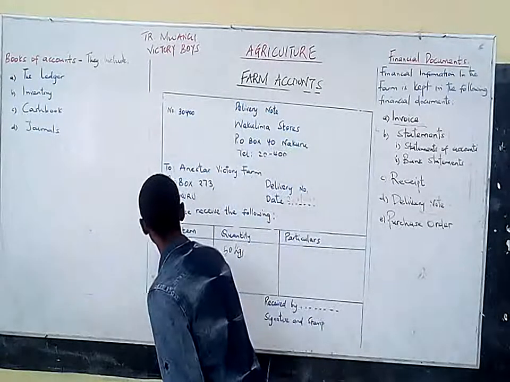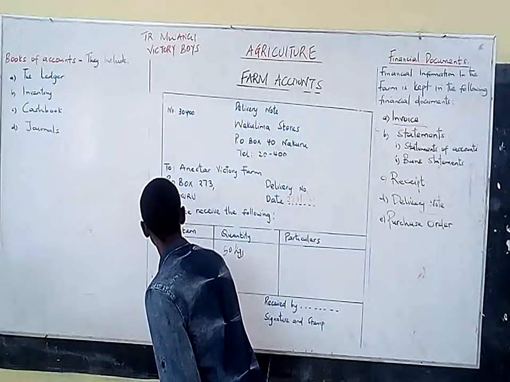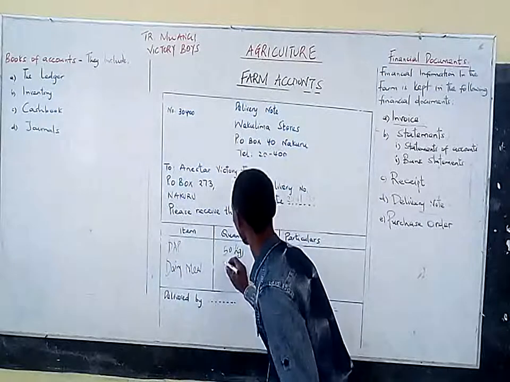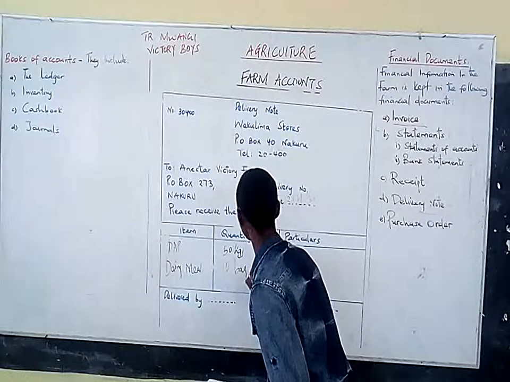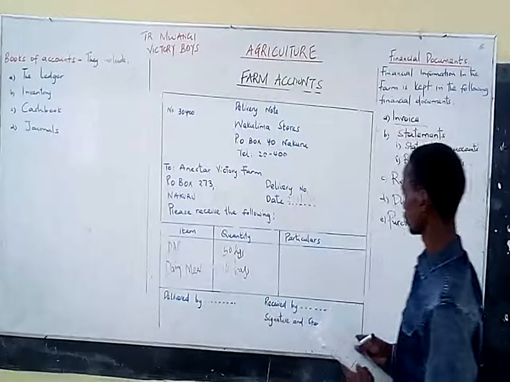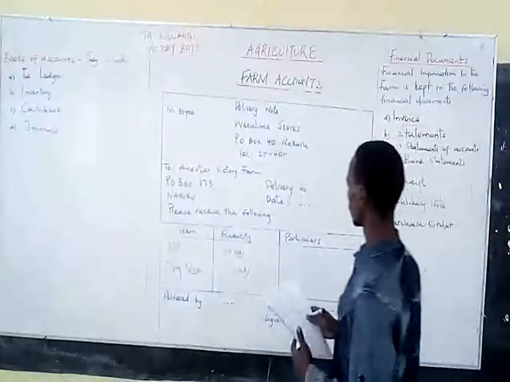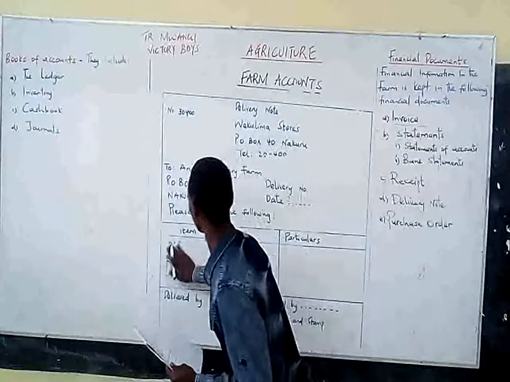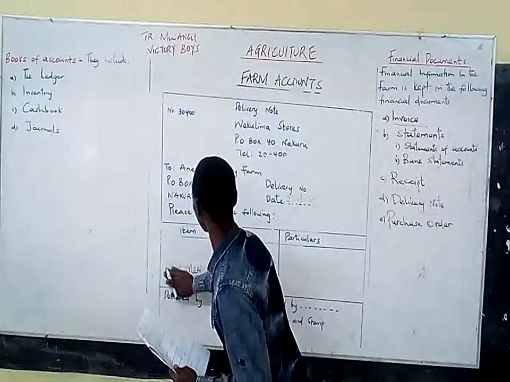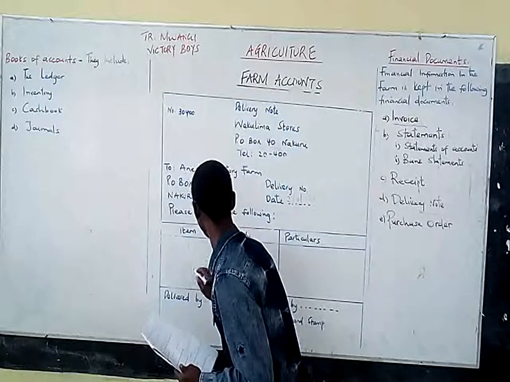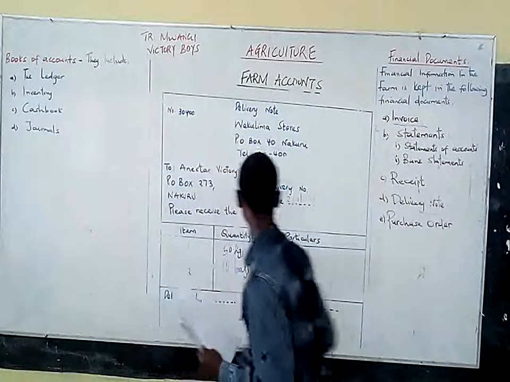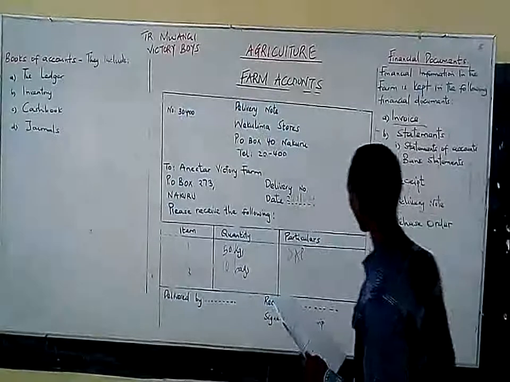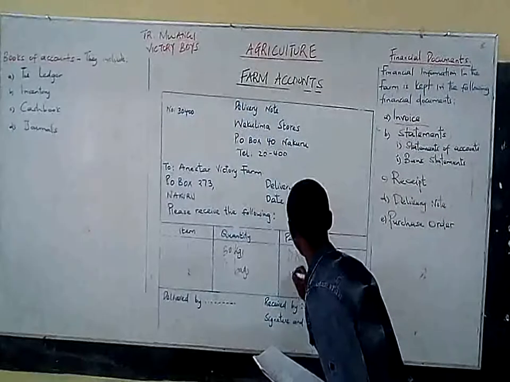Then we have dairy meal, we can have 10 bags. So this is item number 1, then we have item 2. Particularly here we have DAP fertilizer, and then here we have our dairy meal.